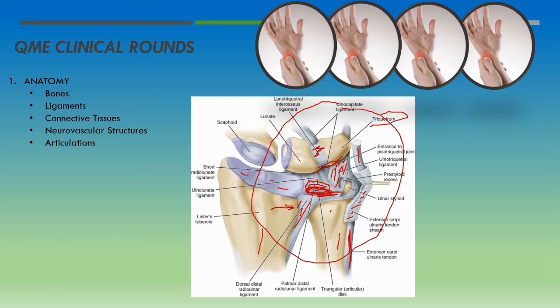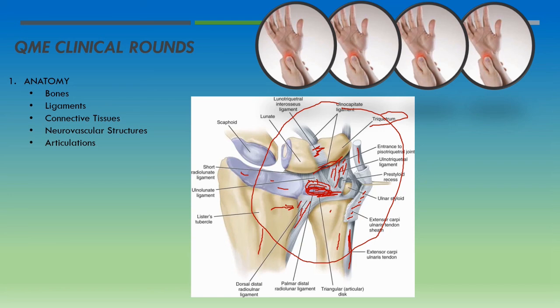So this soft tissue space is variably filled by the articular disc. In some individuals, the articular disc is thin, and in other individuals, the articular disc is thicker, and both individuals suffer susceptibility to ulnar-sided wrist injury.